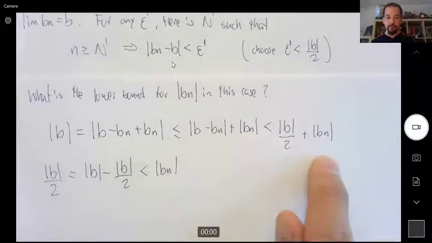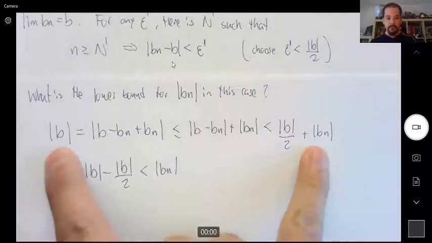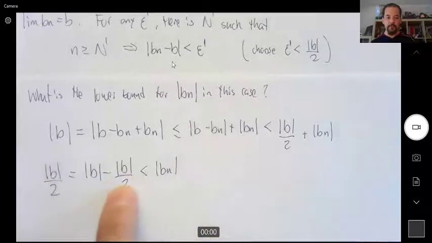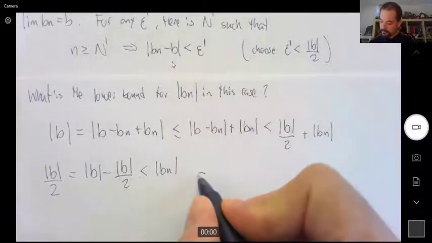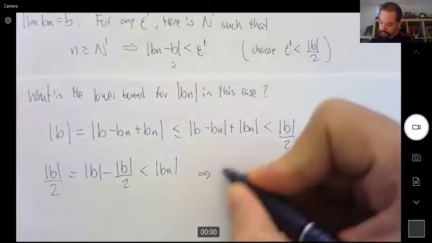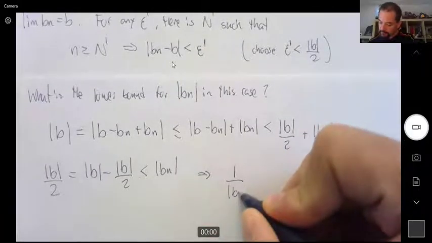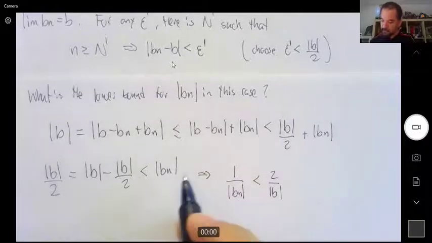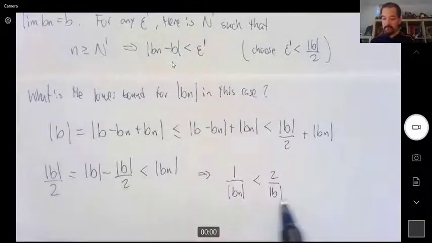And the other we keep. And then from this, in the end, we subtracted absolute value of b over 2 from both sides. We got this one, which finally gives us this lower bound for b_n, which if you think a little bit, we can rewrite as follows. We can write it as 1 over absolute value of b_n is in fact less than 2 over absolute value of b, right? And this is precisely what we need.